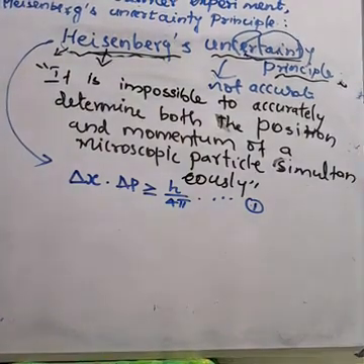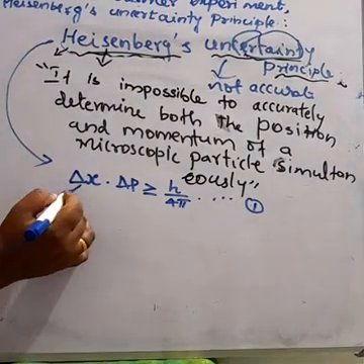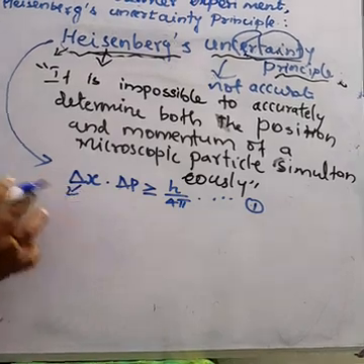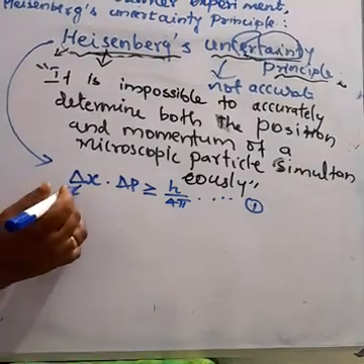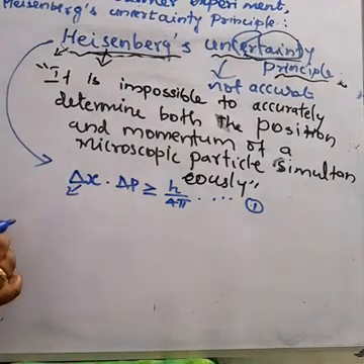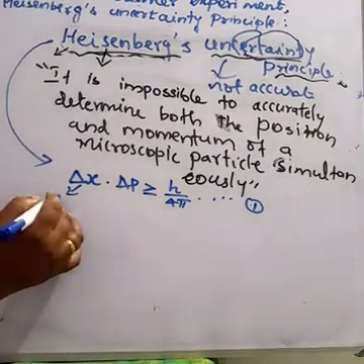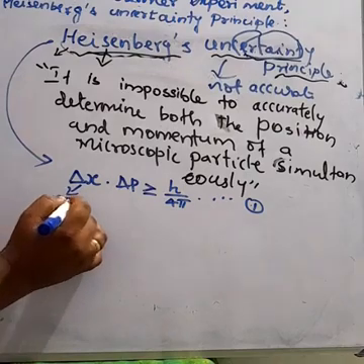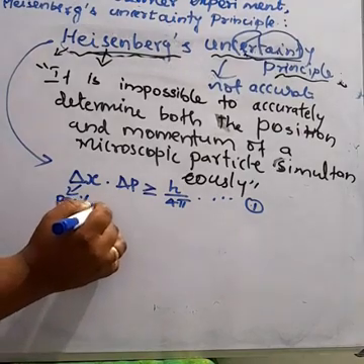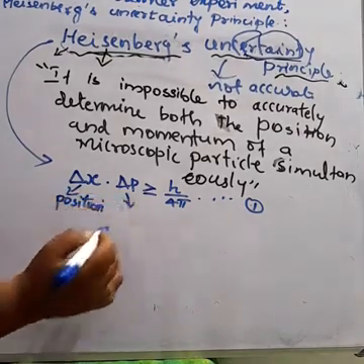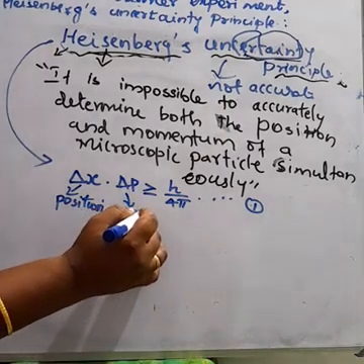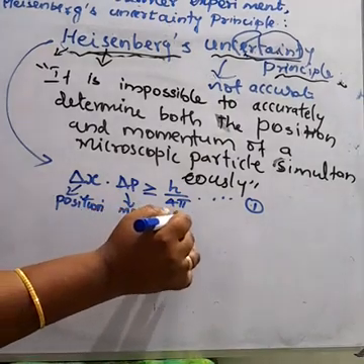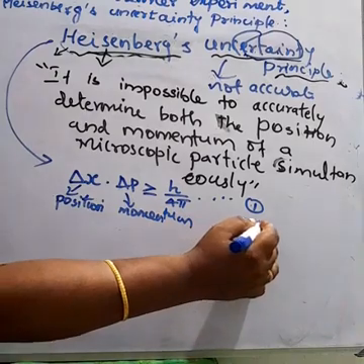Delta means uncertainty, it is not correct, it is not accurate. So delta x means uncertainty in position. Delta p means uncertainty in momentum. Momentum means mass into velocity, p is equal to m into v. Understand?